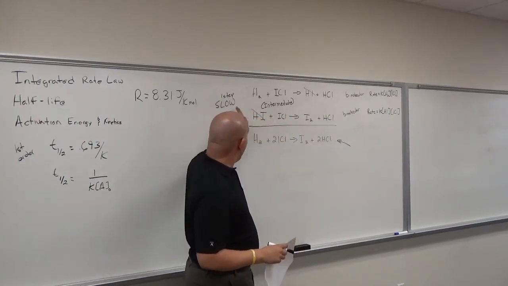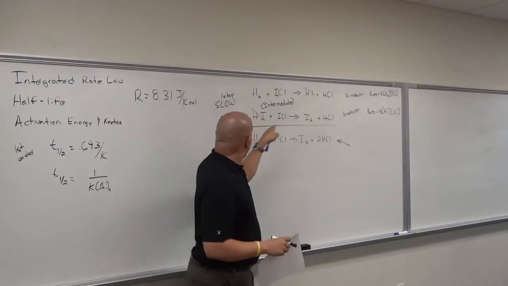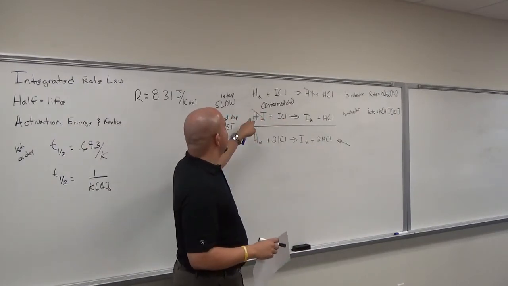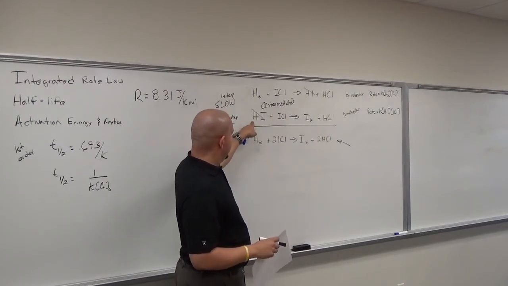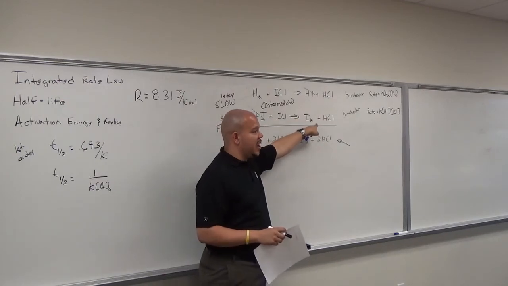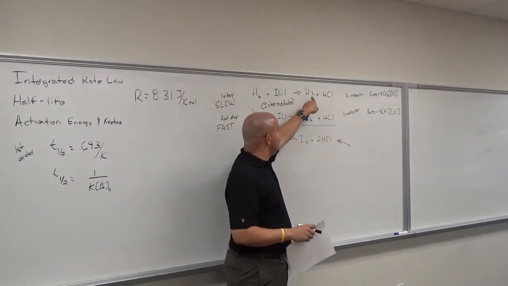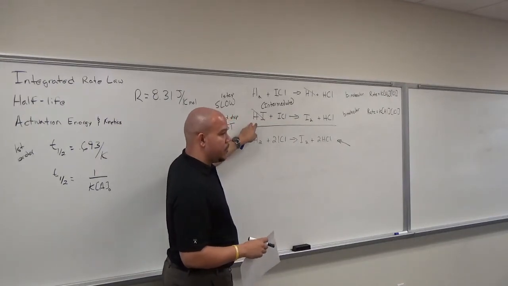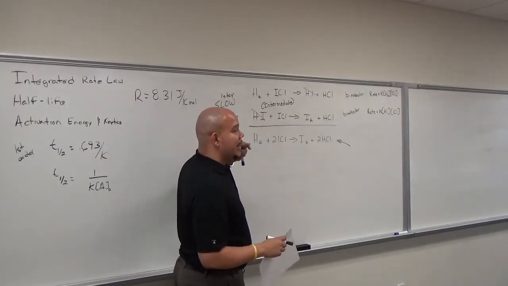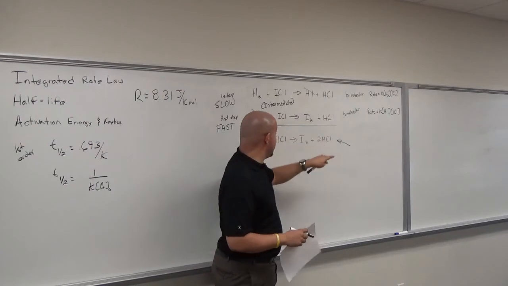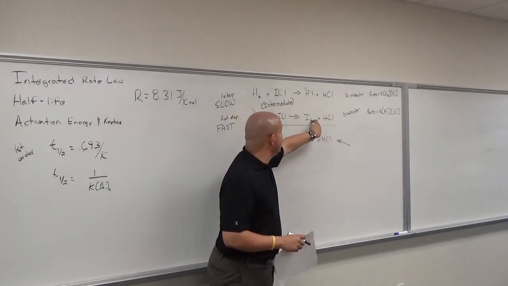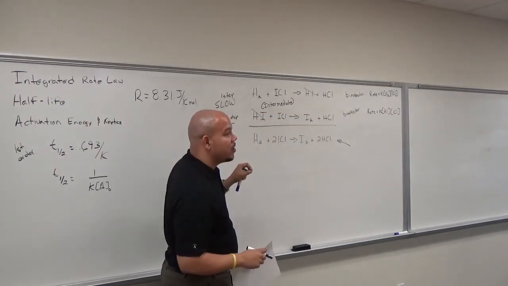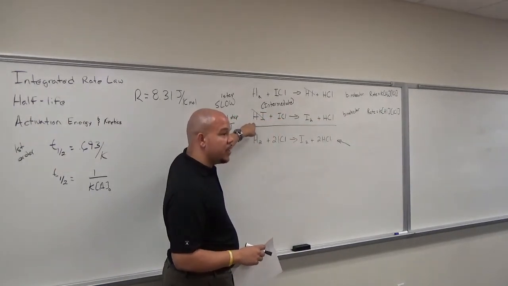If it takes a while to create HI, the second step being fast essentially tells us that as soon as you make it, what's going to happen? It's going to get used up in this second reaction. So as soon as we make HI, it's going to get used up here. That tells us that the creation of these two products, which are the only products that we have in the overall reaction, depends on the creation of the intermediate.